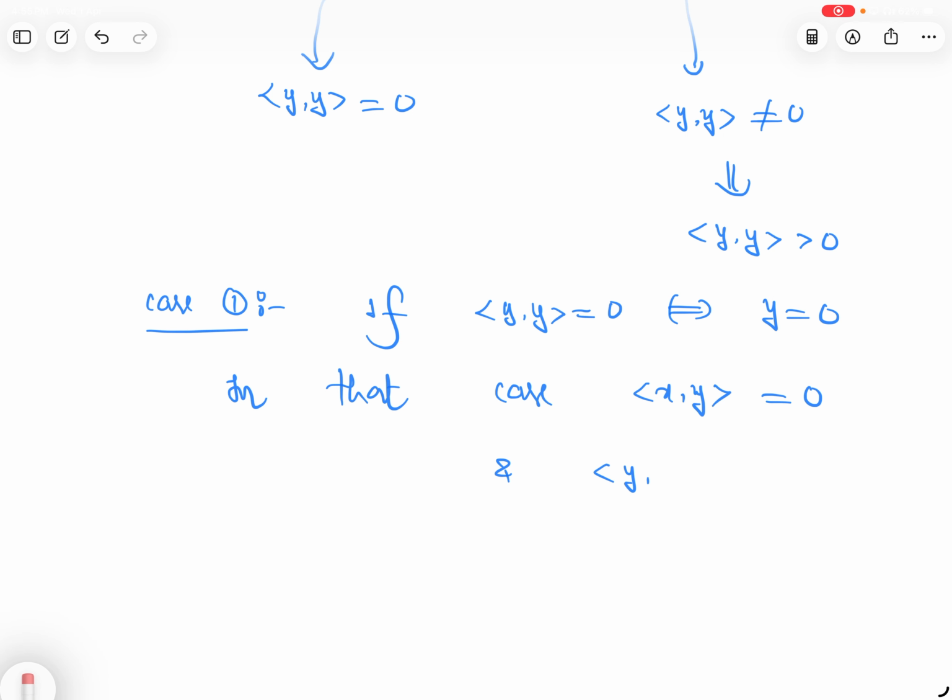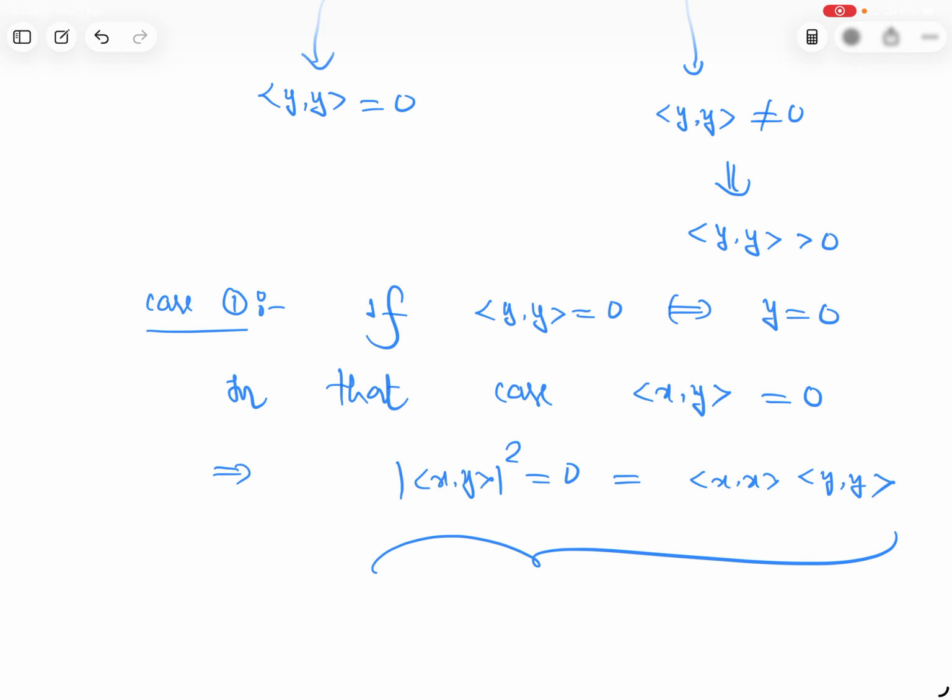So this equality holds, and this is equal to the inner product of x and y. So the inequality holds.